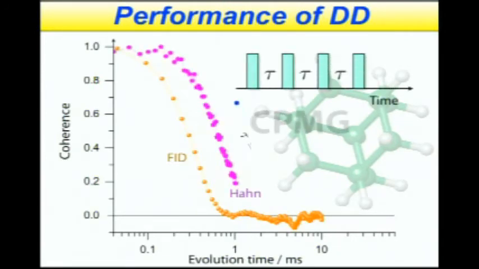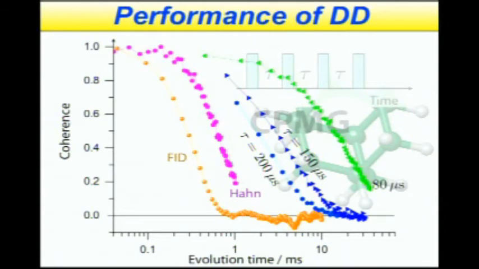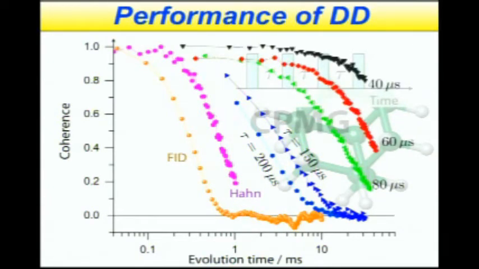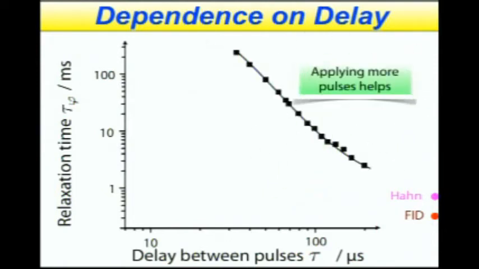You can try that in this nuclear spin system. You have the free induction decay and the Hahn echo now on a logarithmic scale, and you see that if you reduce the spacing between the pulses, the survival time of the information gets longer by several orders of magnitude now. These are just a few examples. You can plot now the survival time as a function of the delay between the pulses, and as you reduce that delay, you see that you can increase the relaxation time by roughly 3 orders of magnitude.